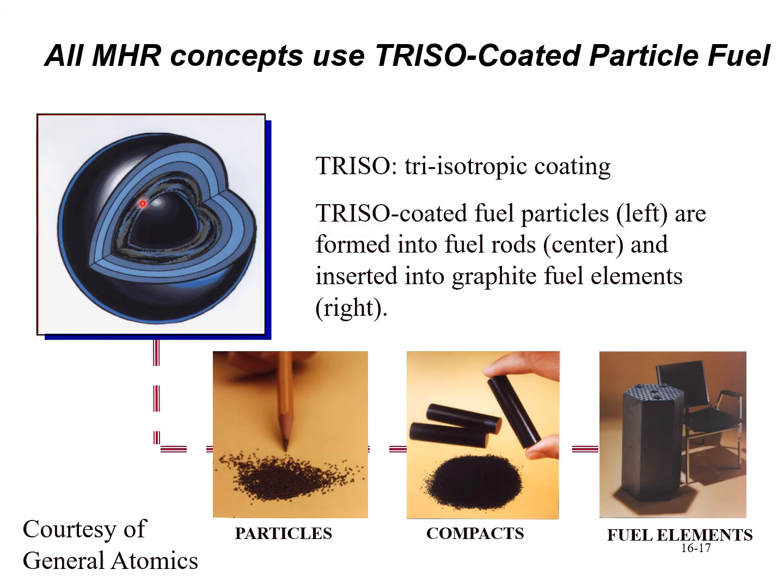This locks the fission gases and fission products into this little particle. So you can almost think of each little particle as acting as its own containment. These particles can be pressed into compacts, and these compacts loaded into fuel elements, and then these fuel elements placed into the reactor and then cooled by gas.